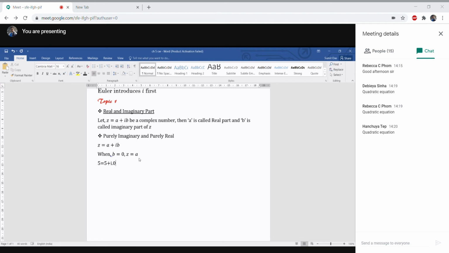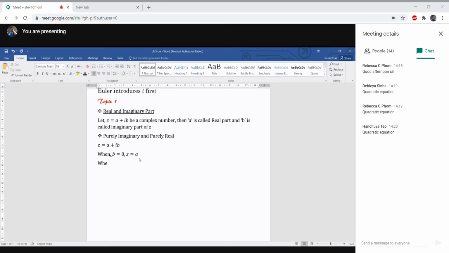So this is a complex number, right? Similarly, minus 700 you can write as minus 700 plus i into 0. So all real numbers can be written as complex numbers.